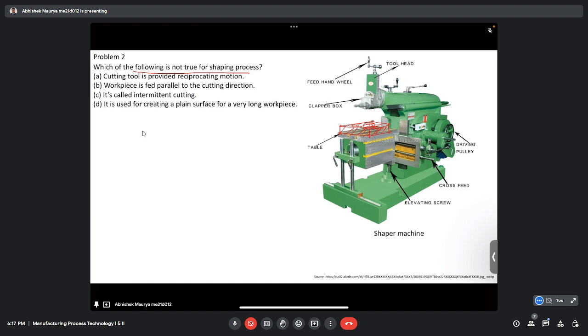On a tool head there is a provision for a tool. The tool is attached to the tool head, and this workpiece is fixed.